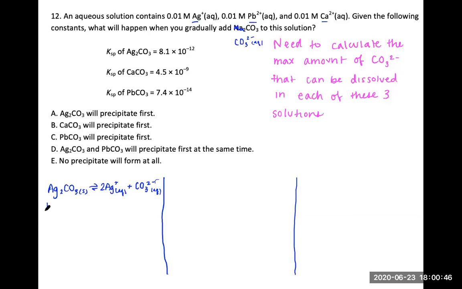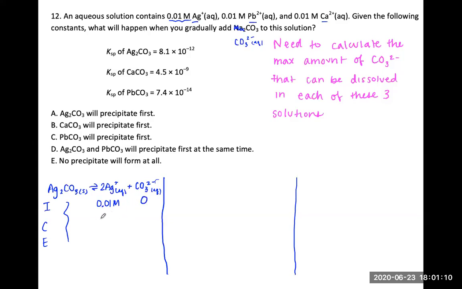And we can set up an ice table. We're going to ignore the solid. Then we're going to say, okay, I have 0.01 molar of silver ions to begin with, and that just comes from the problem. I'm going to say I haven't added any carbonate in yet. So if I start with 0, what's the max that I can add?